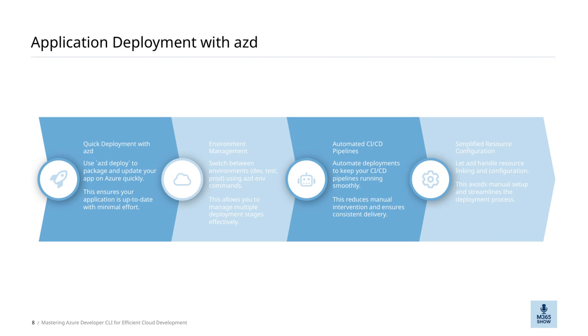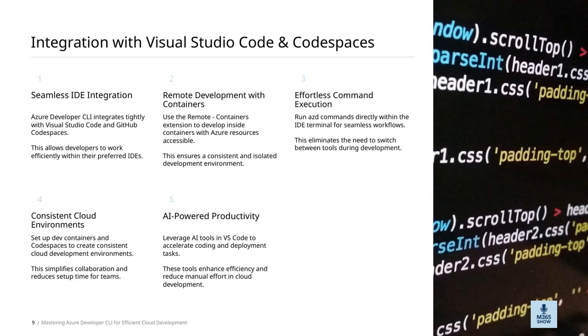Let's talk about how Azure Developer CLI integrates seamlessly with Visual Studio Code and GitHub Codespaces to enhance your cloud development experience. First, by leveraging AI tools within VS Code, you can significantly accelerate your coding and deployment tasks.